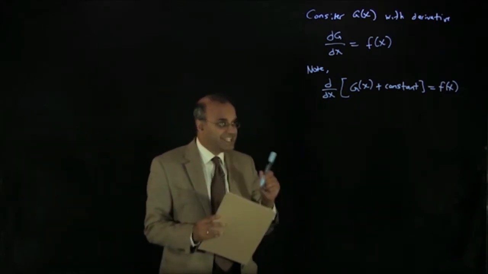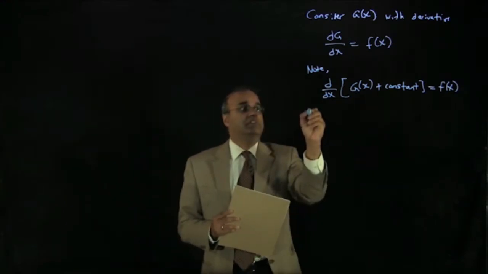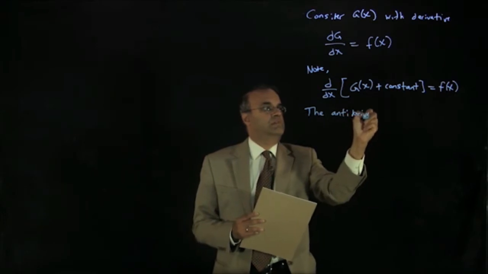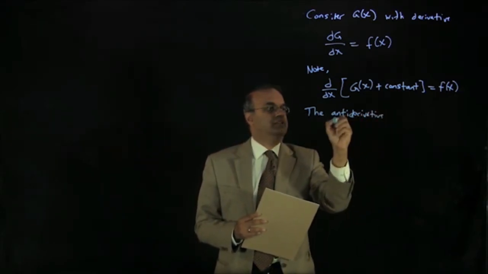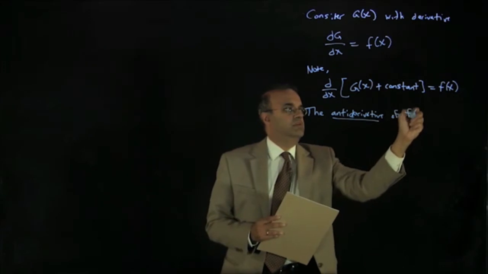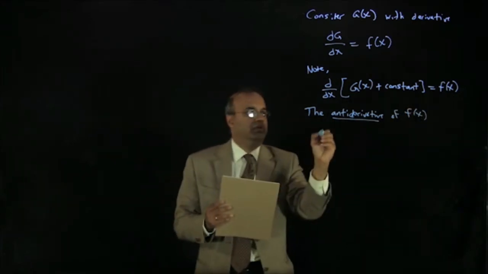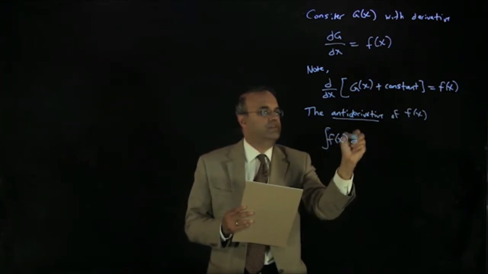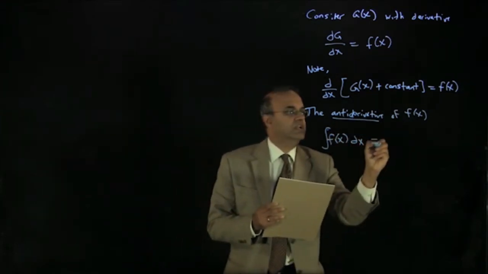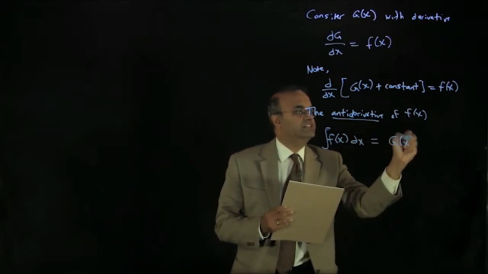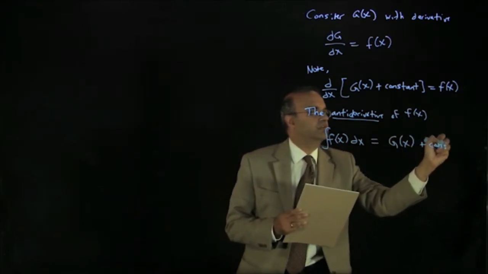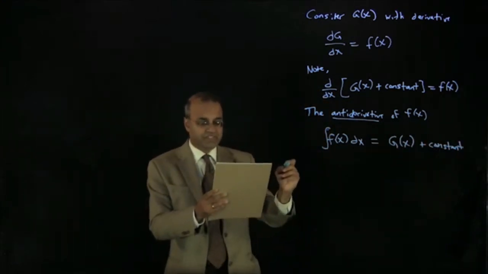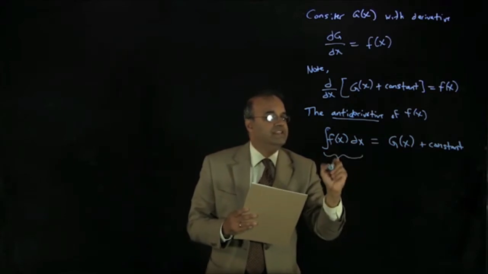Then I can write that the antiderivative of f of x, which I'll write as the integral of f of x dx, is equal to g of x plus a constant. Okay? The left-hand side of this we call an indefinite integral.